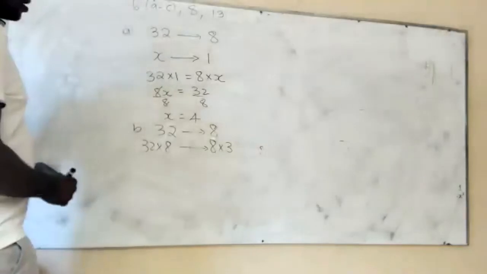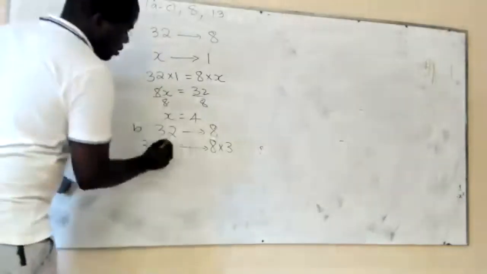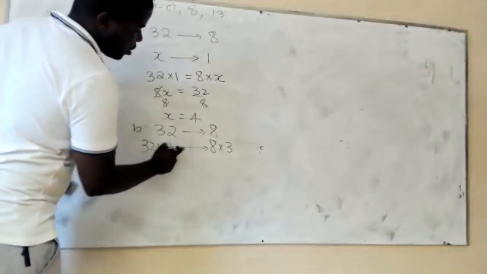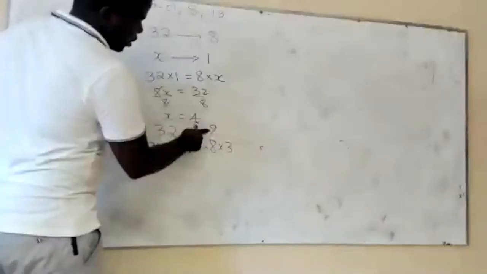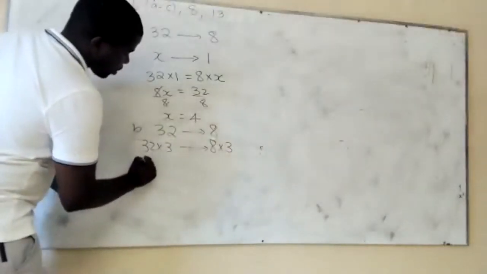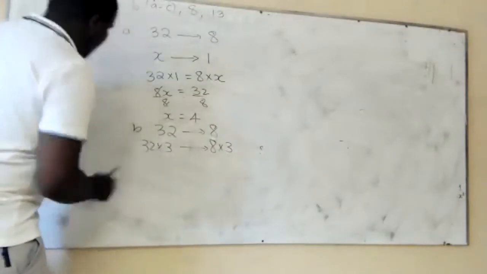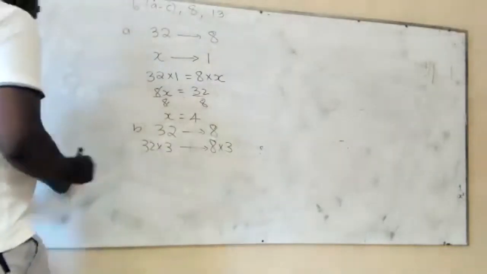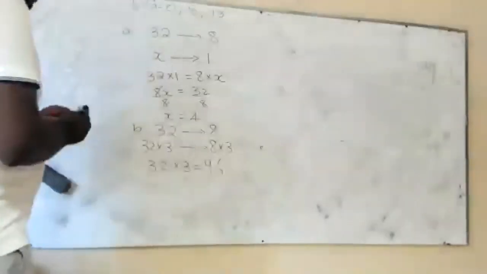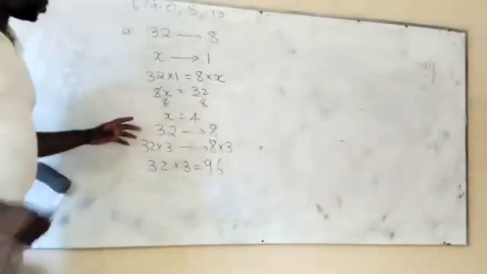Multiplied by 3. Yes, that is multiplied by 3 in this case. What is 32 multiplied by 3? Is it 96? Yes, it's 96. Let me explain this equation again because it's a bit confusing.